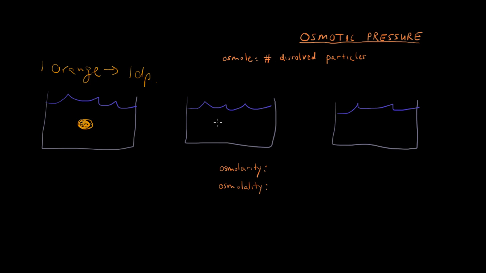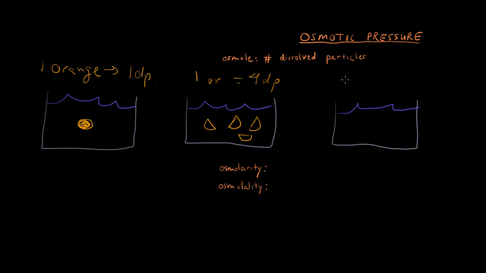Now if we had a peeled orange and you put it in the water and it breaks apart into four slices, then one orange leads to four dissolved particles.